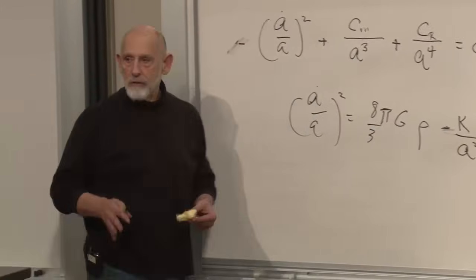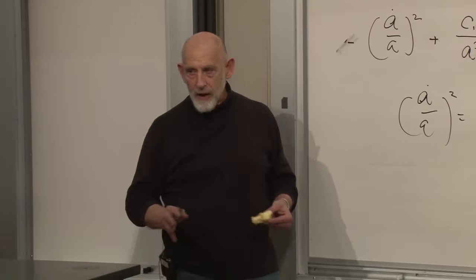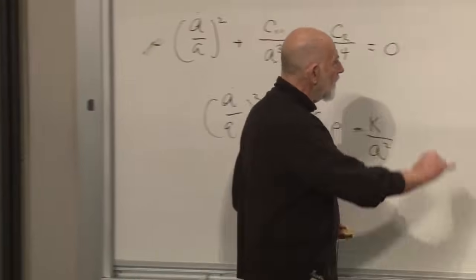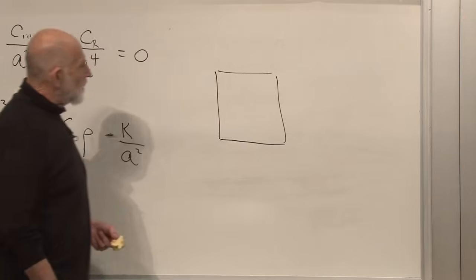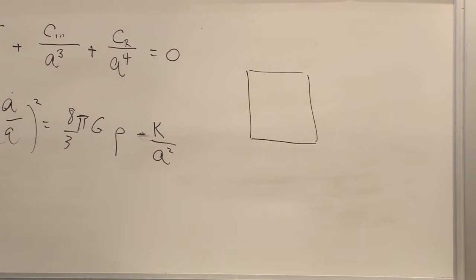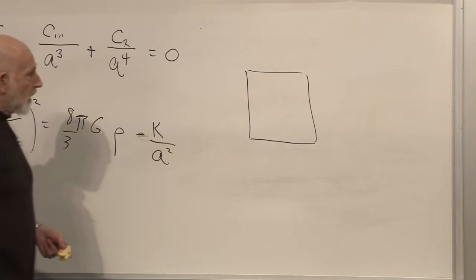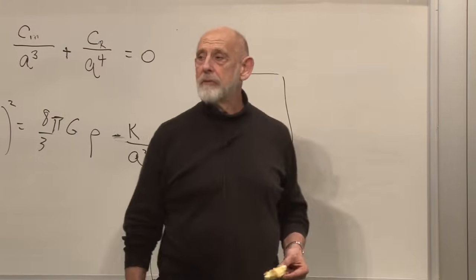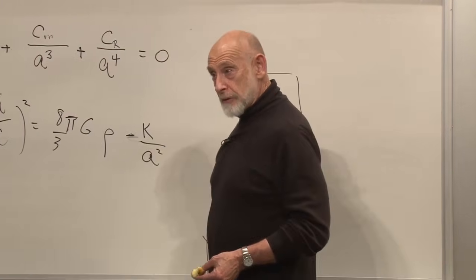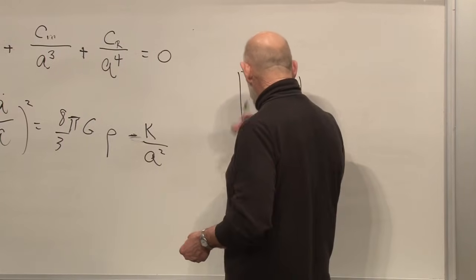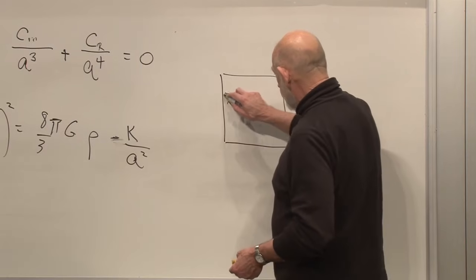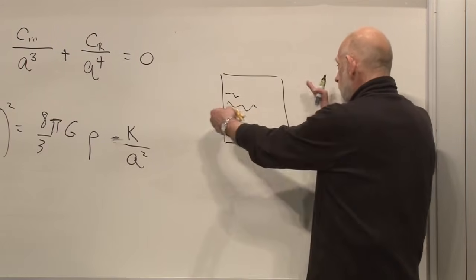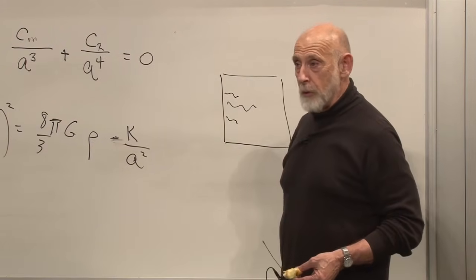If you take a literal box with reflecting walls and ask what happens to the energy in the box when you expand the walls, well, what does happen? There's pressure in the box, exerted by the photons bouncing off the walls. When you expand the box, the pressure does work on the walls of the box.